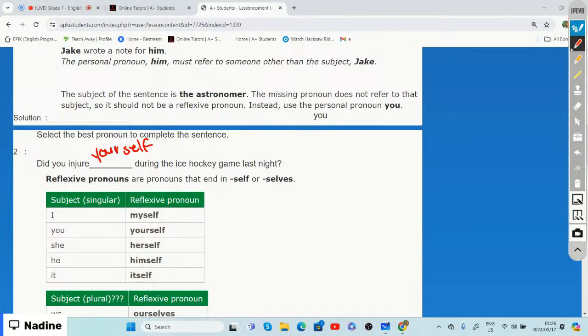All right, so we said that the best pronoun is the reflexive pronoun. And we said, did you injure yourself during the ice hockey game last night? So yourself refers back to you, the subject you.